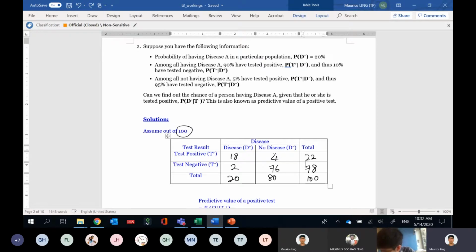Okay, so this is 5%, and here, out of those not having disease, it's 80. 5% of 80 is 4, because it's 5% of 80. So this will be 76. So here will be, I made a mistake just now, 22 and 78. Because it says those not having a disease, it's not in total.